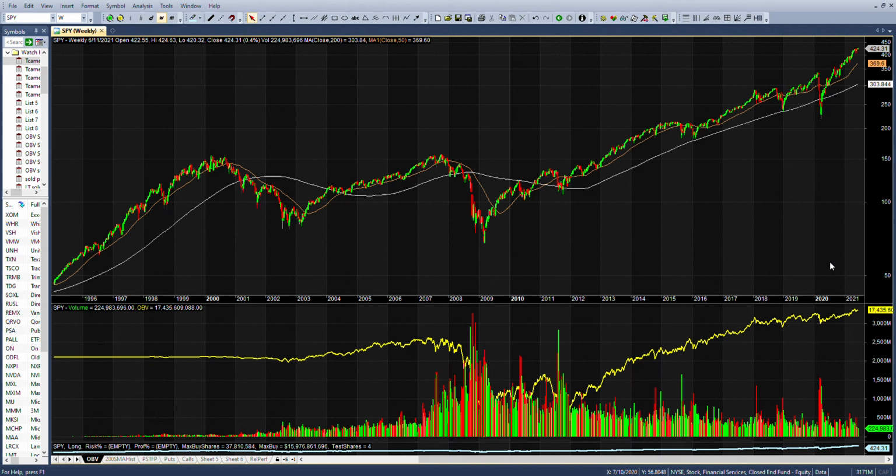They say 75 to 80% of the stocks follow the general market. So if the general market is rising, then you have a better chance of making money if you're buying. If the general market is falling, if it's in a bear market, why would you keep trading? Why would you keep buying stocks?